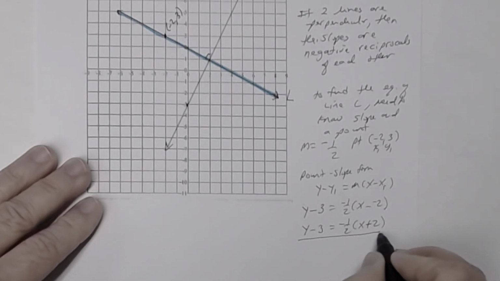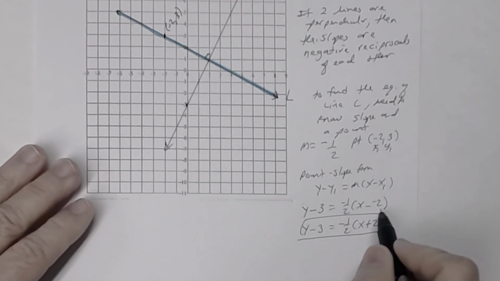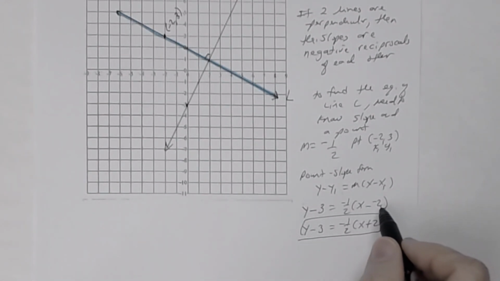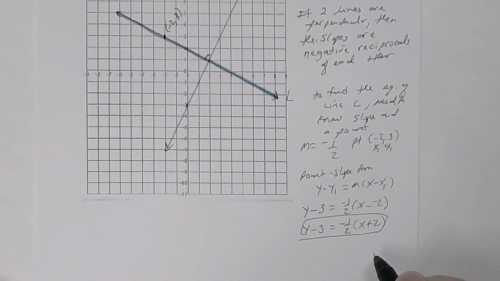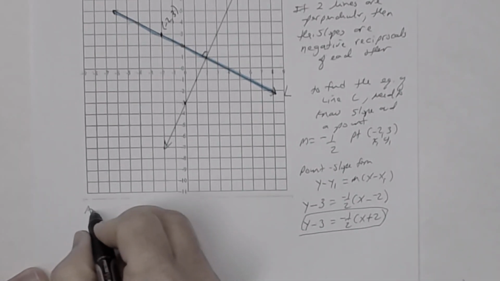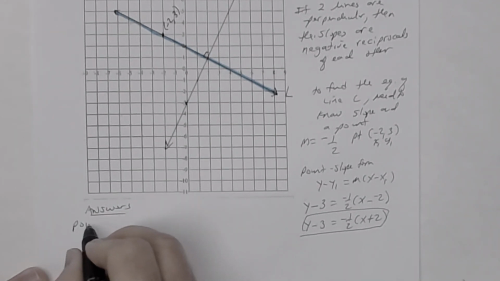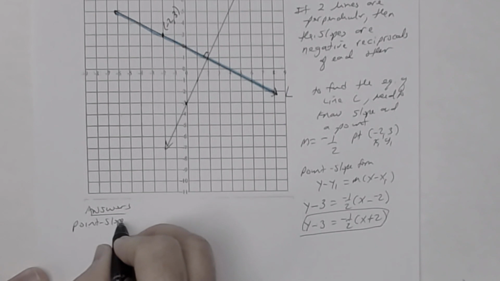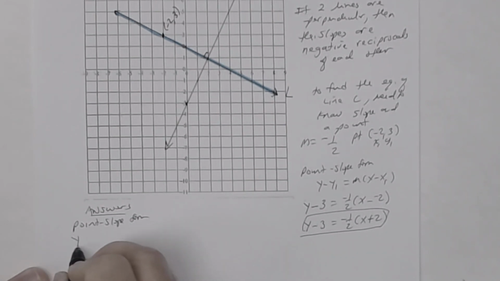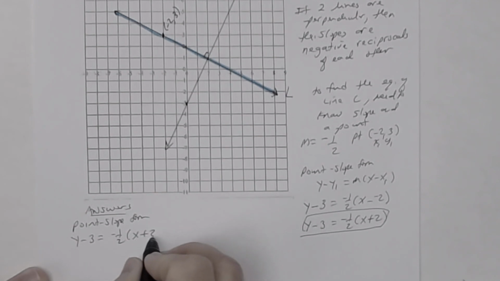That's the answer you want. Don't leave it as x minus -2. So your answer in point slope form is y minus 3 equals -1/2 times x plus 2.